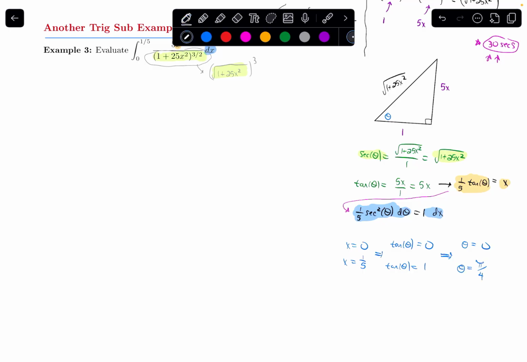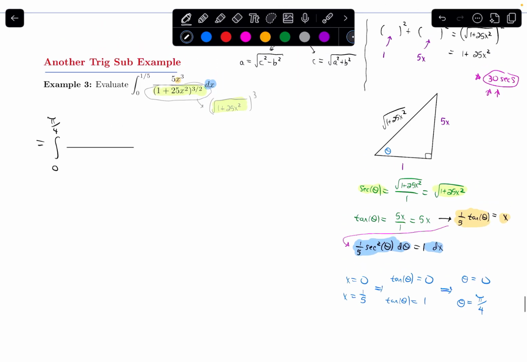Okay, so subbing in, that bottom limit, the 0, just became 0. The 1/5 became a pi/4. And now in my fraction, let's see, we have 5 multiplied by x cubed. And the x, well, the x was that 1/5 tangent of theta. The denominator is where we were plugging in for that square root term.